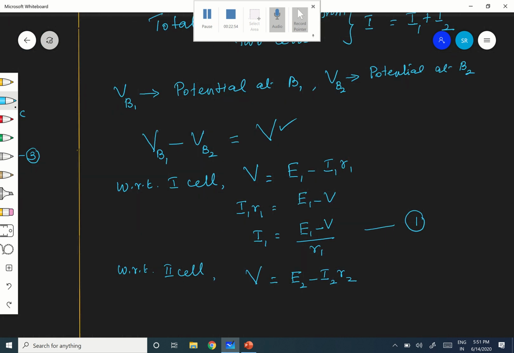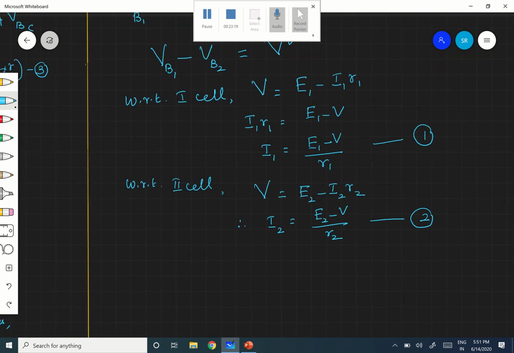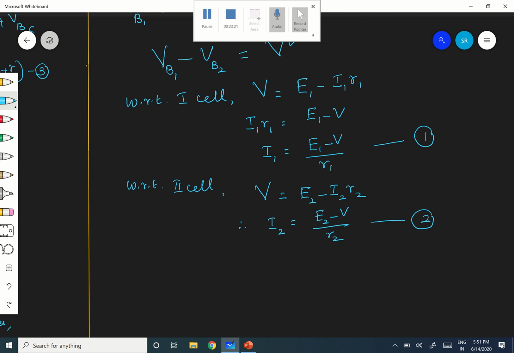Therefore the terminal potential difference across the second cell is also the same, only V. Therefore I can write the expression for I2, that is equal to E2 minus V divided by R2.